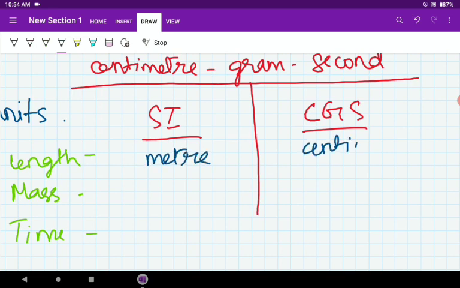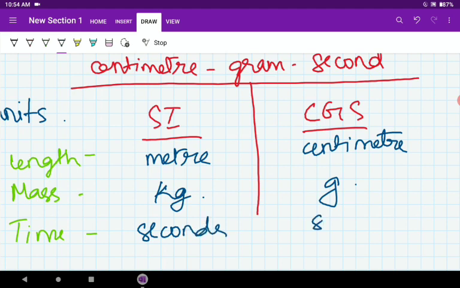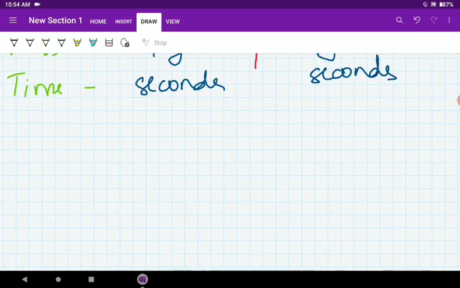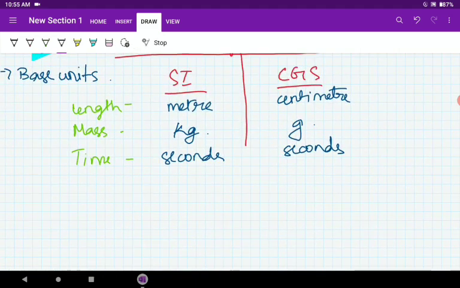For mass, the SI unit of it is kilogram. For CGS, it is gram. And for time, it is both same, seconds and seconds. So we can very well infer from here why the SI system is also known as the MKS system, while this is known as the CGS system.